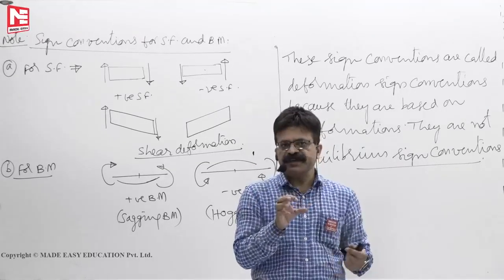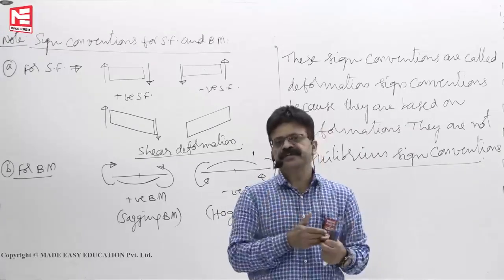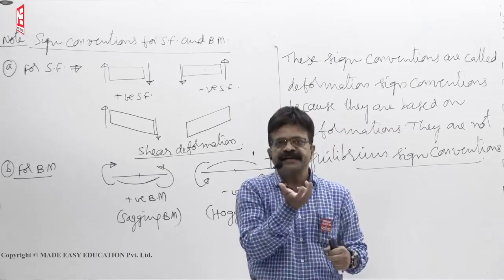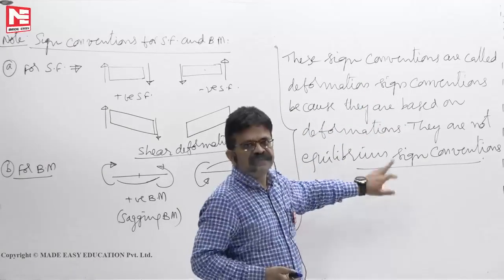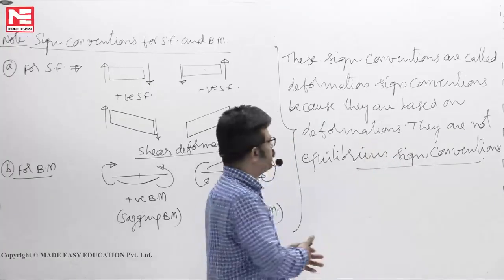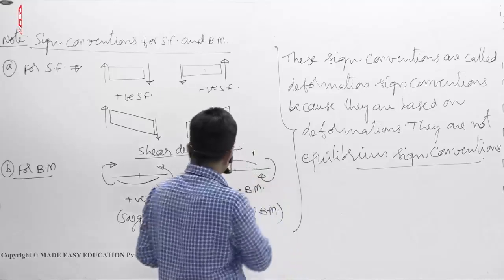That's why in strength of materials, theory of bending, theory of torsion, two separate units you needed to study just by changing the direction of the moment. Okay. So now here we are dealing with the bending moment only, not the twisting moment. So they are deformation sign conventions, not equilibrium sign conventions.